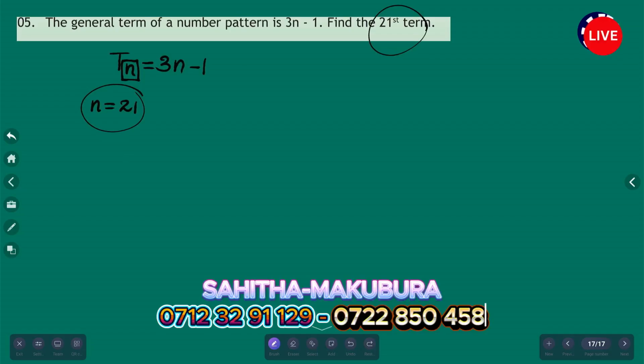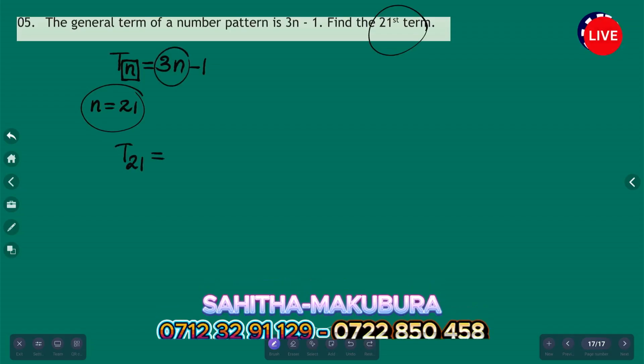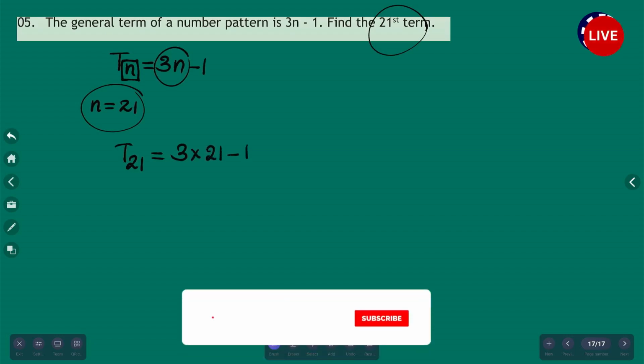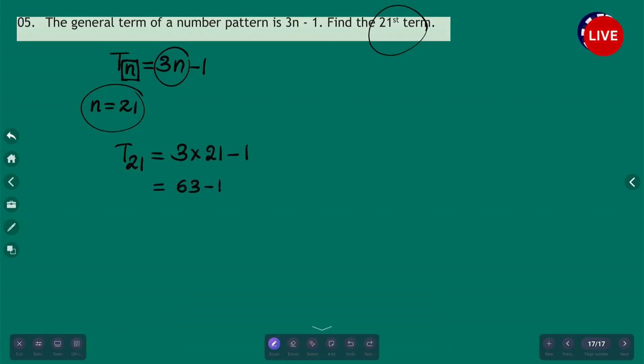So T21, the 21st term, equals 3n minus 1. What is the mathematical operation you have in between 3 and n? Yes, multiplication. So 3n means you are multiplying 3 by n. This time 3 is multiplying by 21, minus 1. 3 times 21 is 63, minus 1 is 62.